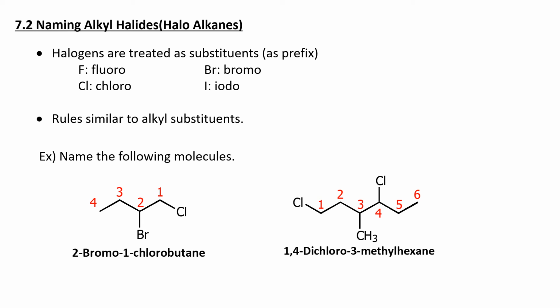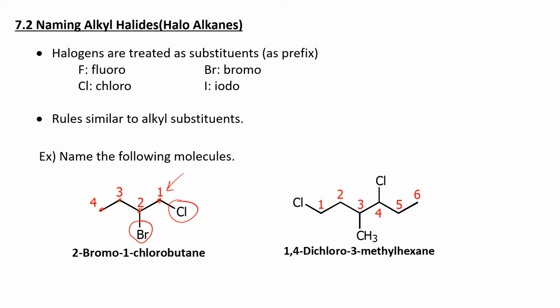With our first molecule here, we want to identify the parent chain. So we have our longest chain, 1, 2, 3, 4 carbons. And then we find our alkyl substituents. We have a chlorine and a bromine. We want to number our chain so that our first substituent gets the lowest number. That's why we began numbering on the right side.